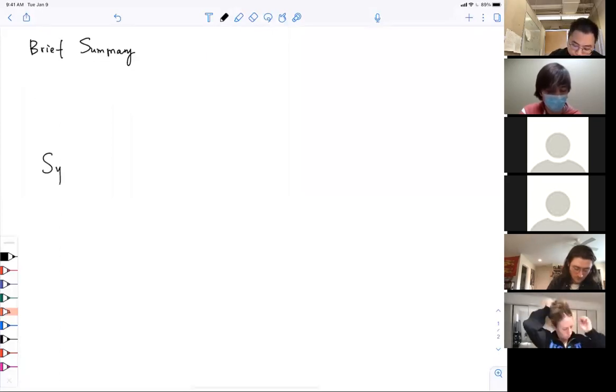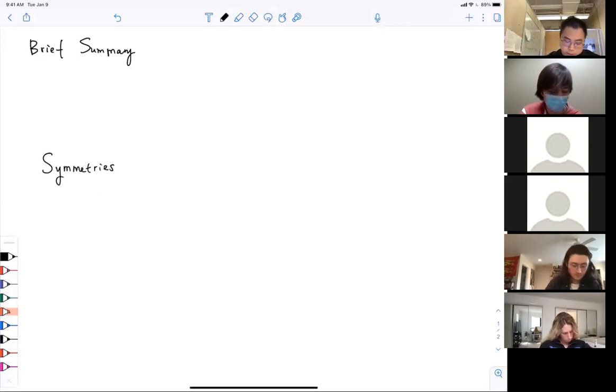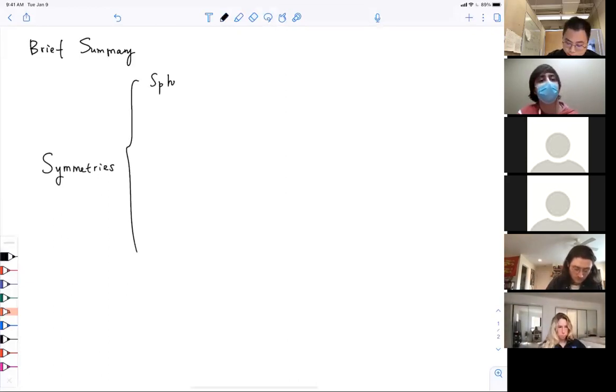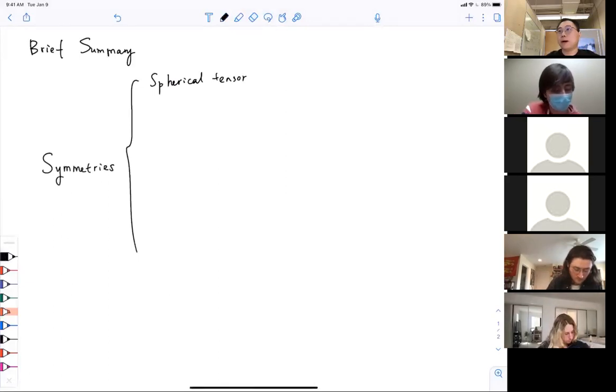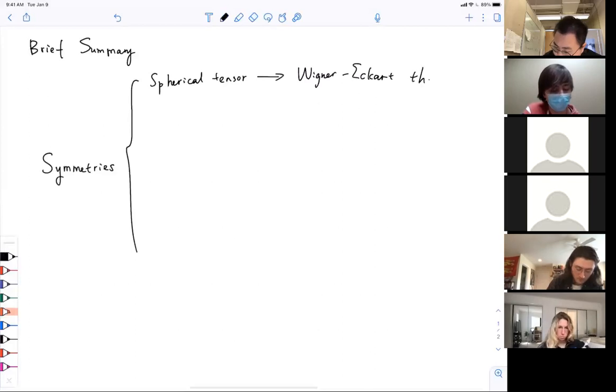Basically, there are three important topics. The first topic we learned is the symmetry, right? Within the symmetry, we talk about spherical tensors. One theorem related to the spherical tensor is the Wigner-Eckart theorem, right?